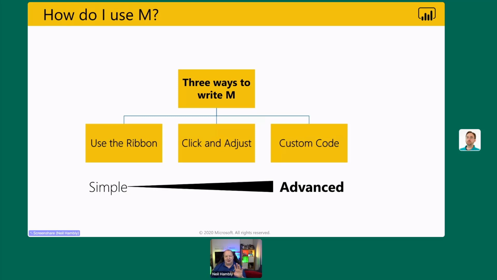And then at some point, that's not going to cut it. You're not going to be able to do everything you need with the ribbon. You're going to need to go into the code and start typing. So we're going to show you a little bit around that. Of course, we've only got a certain amount of time to cover today, about 45 minutes left to go through all the content. So let's crack on, as they say.